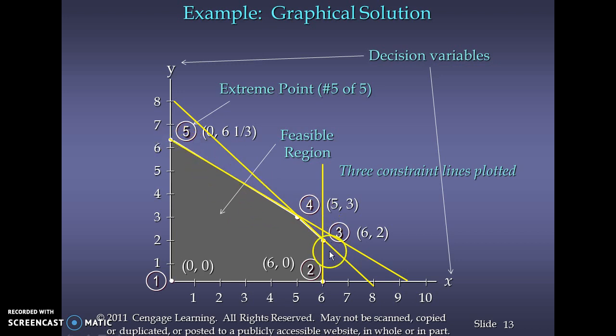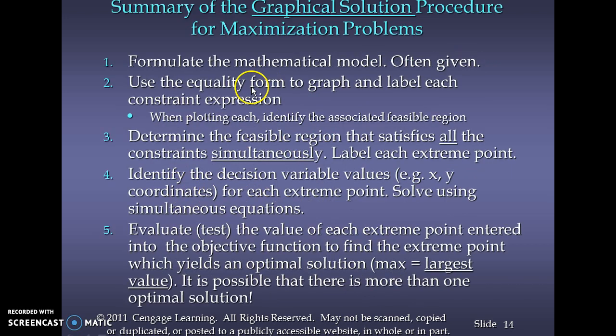And once we identify the feasible region, we look for the extreme points, where the lines intersect with the axes, or where they intersect with each other. And in this case, there are 5 extreme points: the origin, this intersection, these 2 intersections of the 2 lines, and this intersection with the y-axis.